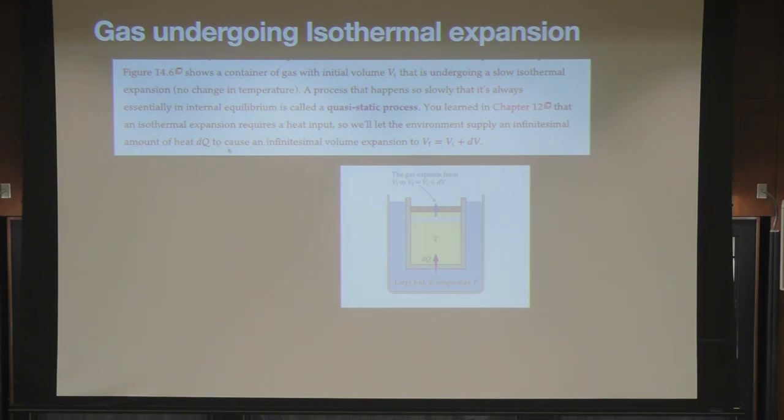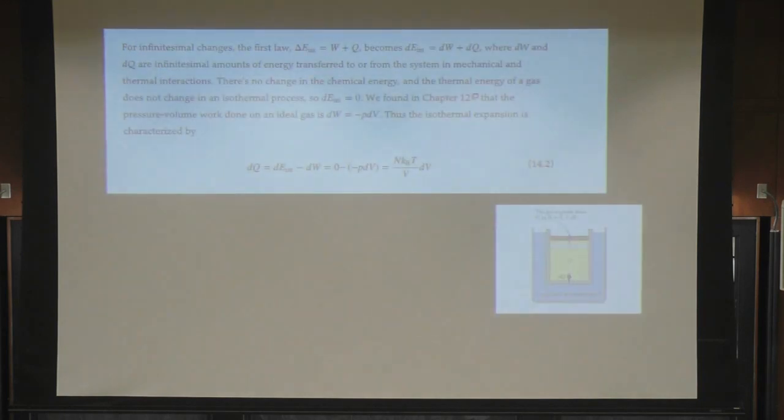So there is heat flowing into this to cause the infinitesimal volume expansion to V final equal to V initial plus dV. So for now we're going to use the first law of thermodynamics, because we've got this change in internal energy is equal to work plus heat flow.